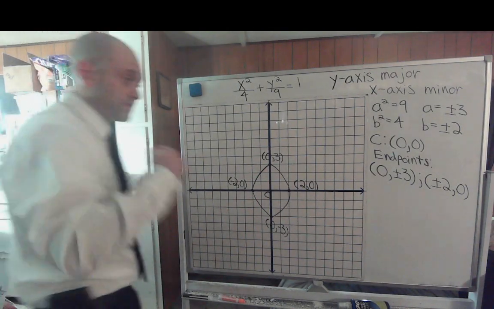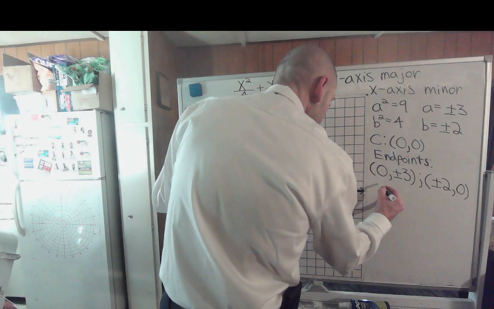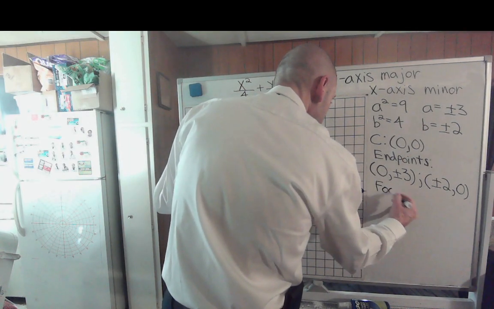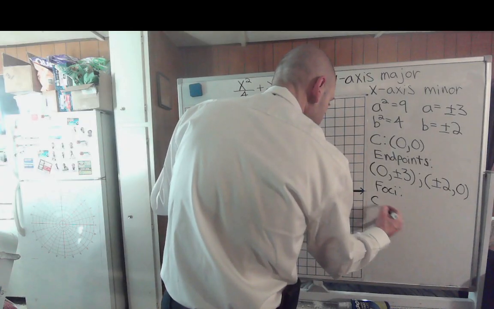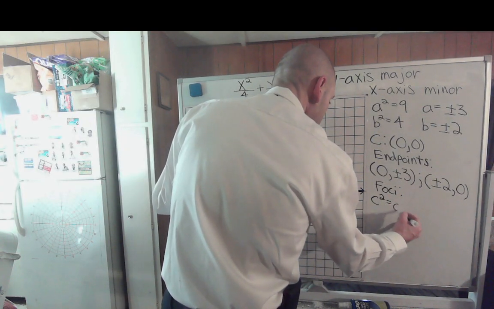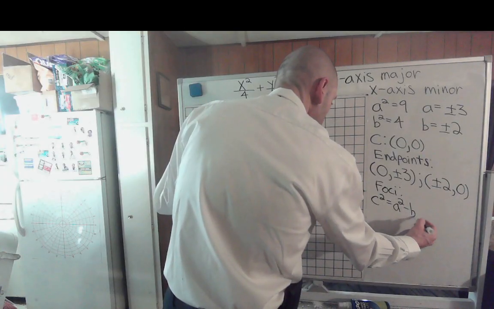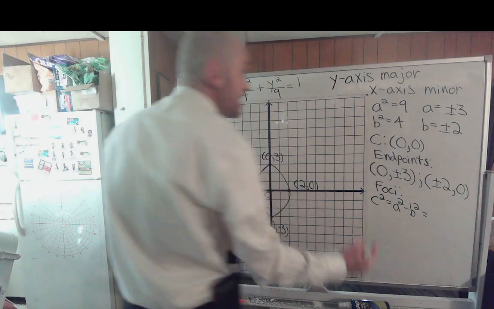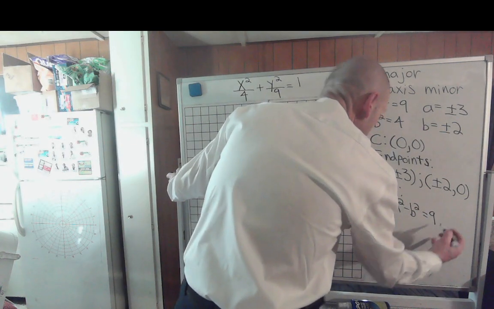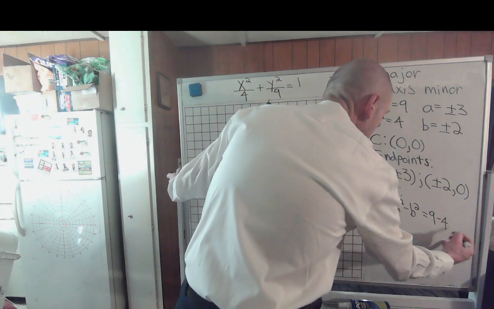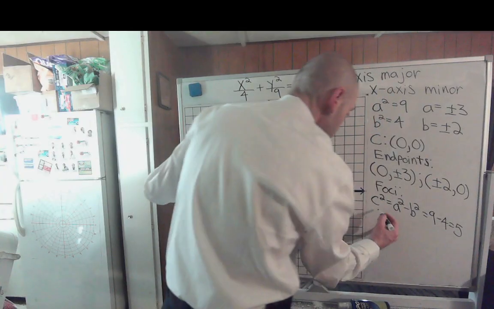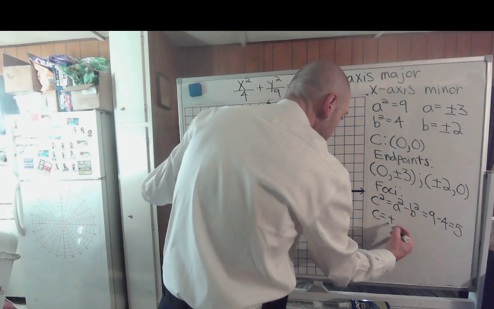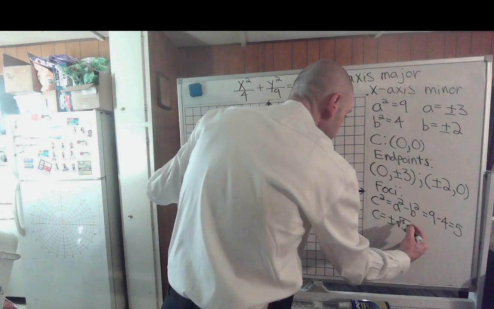Last thing to do is find the foci. So for the foci, that of course is going to be c squared equals a squared minus b squared, which in this case a squared is 9 minus 4, which would equal 5. So c equals plus and minus the square root of 5.